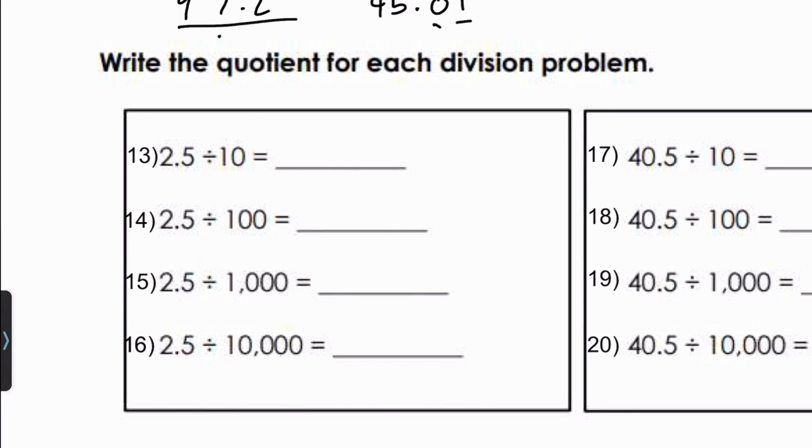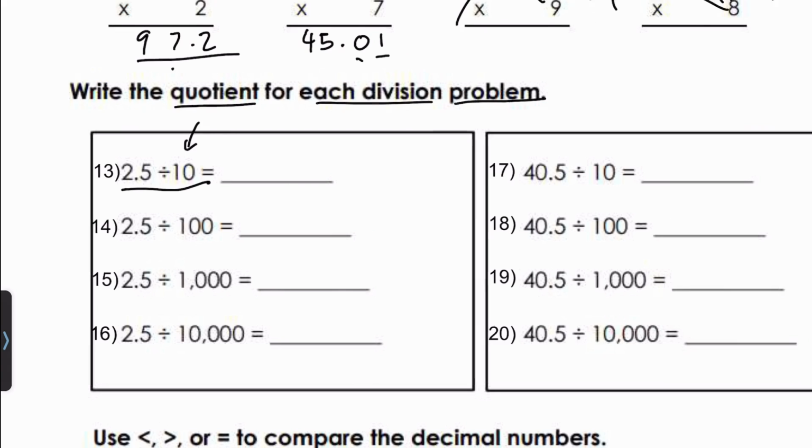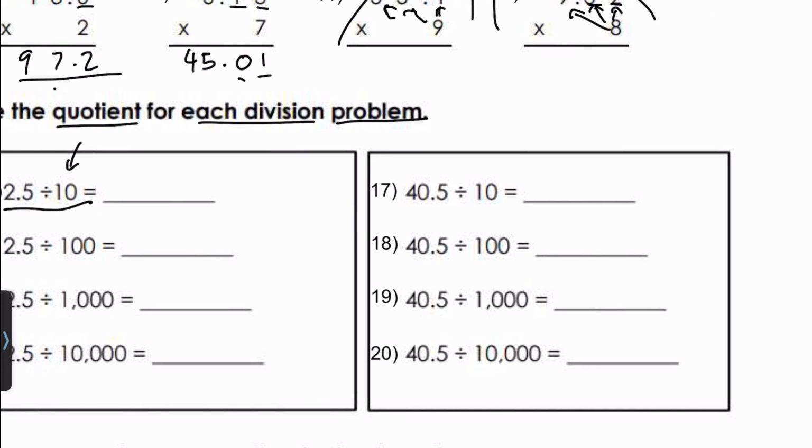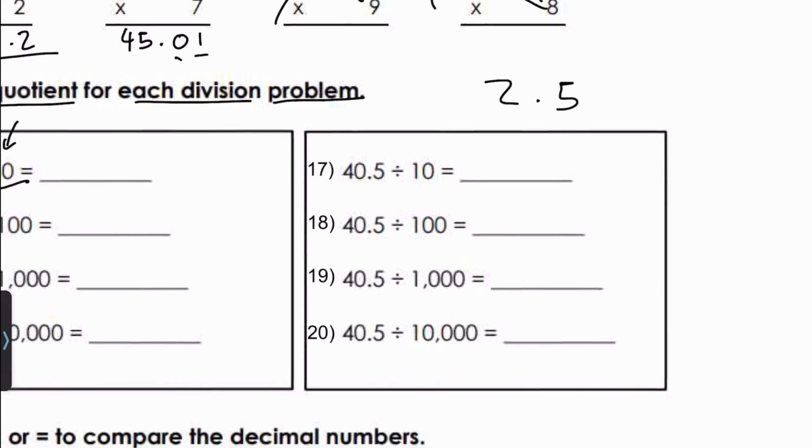Okay. Now, write the quotient for each division problem. This just means to write the result. When you divide something by 10, there's a simple thing that you can do that you would do with any number.